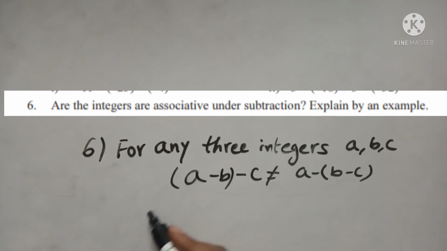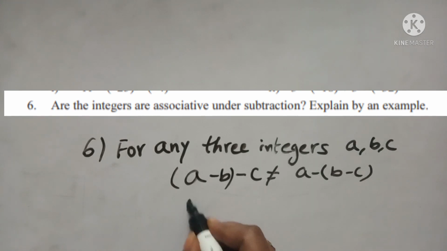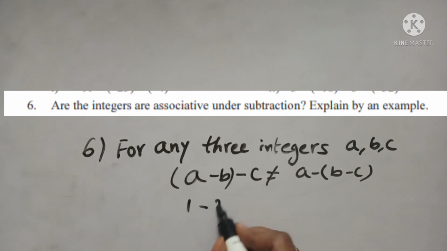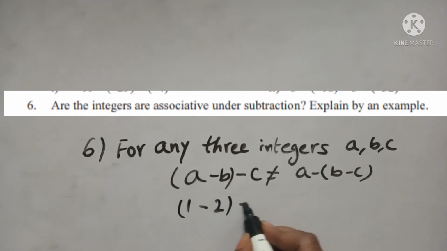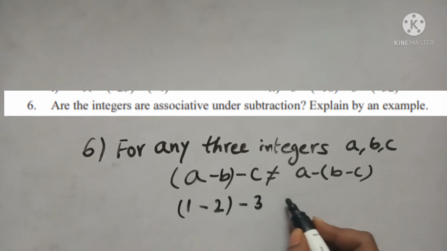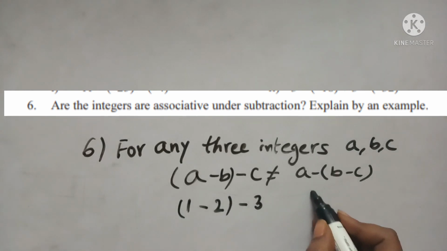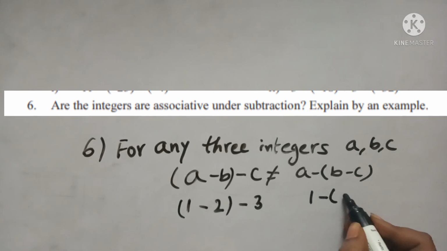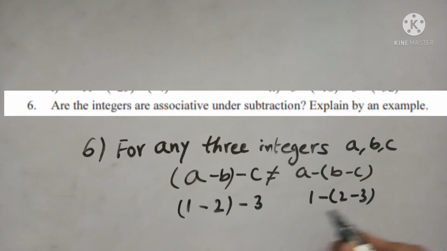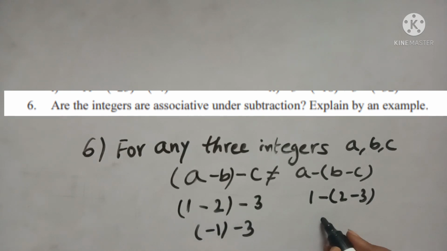Let us verify with a is 1, b is 2, c is 3. 1 minus 2 minus 3. Let us verify the left hand side and right hand side. 1 minus 2 is minus 1, minus 3 is minus 4.